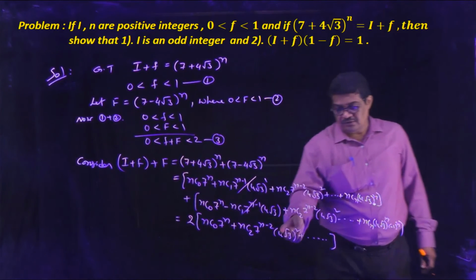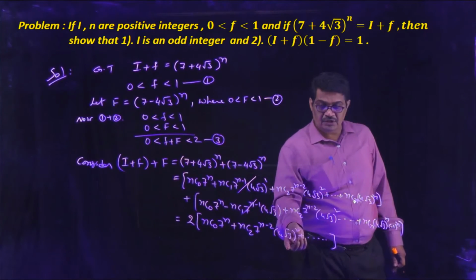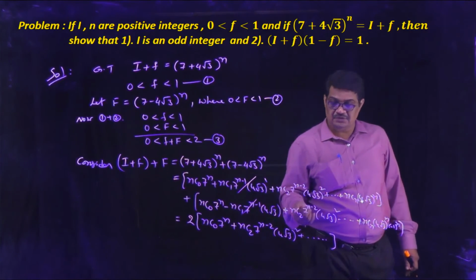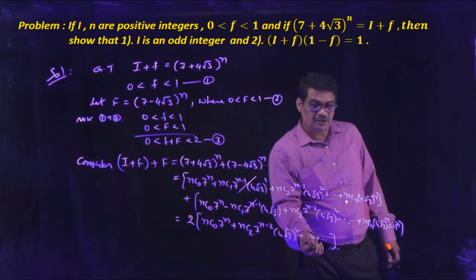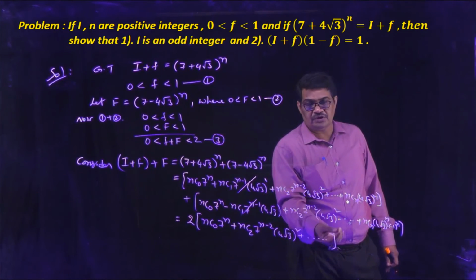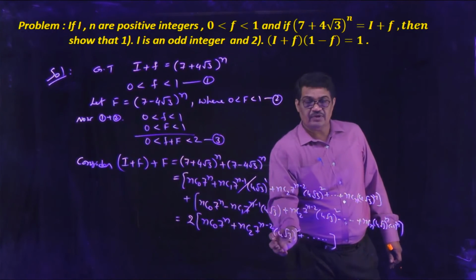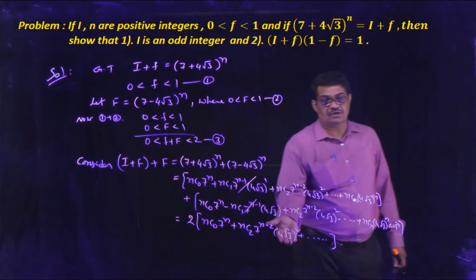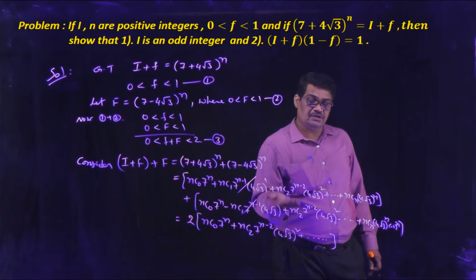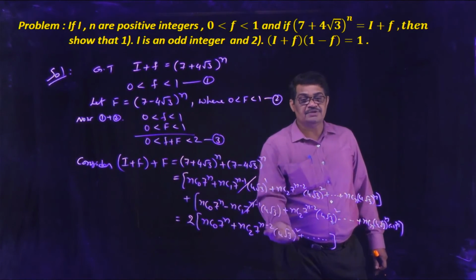So here (4 root 3) to an even power is an integer, like (4 root 3)^2, (4 root 3)^4, (4 root 3)^6. When the powers are even numbers, the roots become integers.